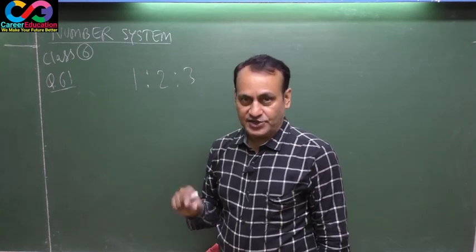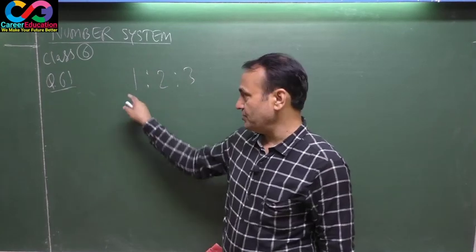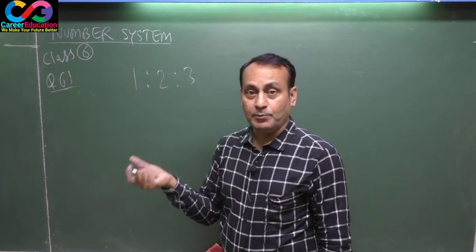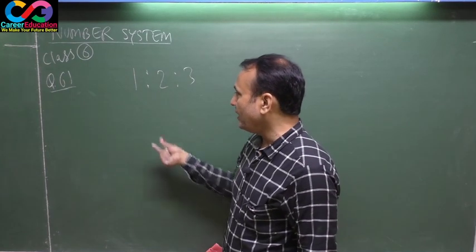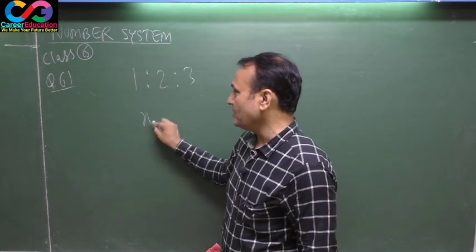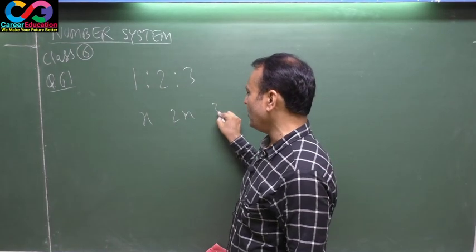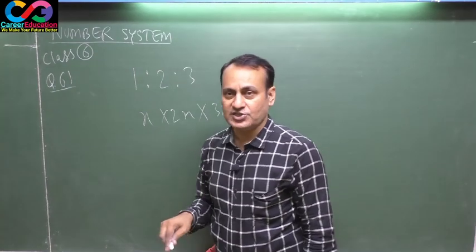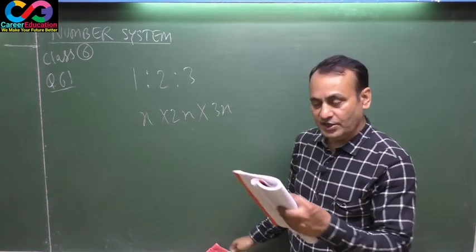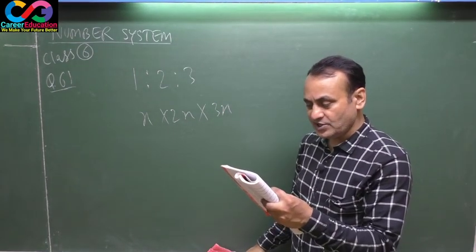Numbers are in ratios, and the product is given. That means you have to proceed with x. That means the first number is x, second is 2x, and third is 3x. And the product of these three numbers is equal to 750.